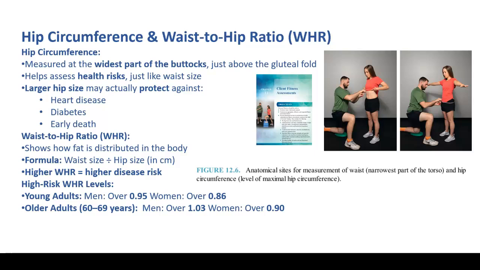And why is it important? A higher waist to hip ratio means more fat around your belly, which increases the risk of diseases. For example, young adults like you, over 0.95 in women and over 0.86 in men are at risk.